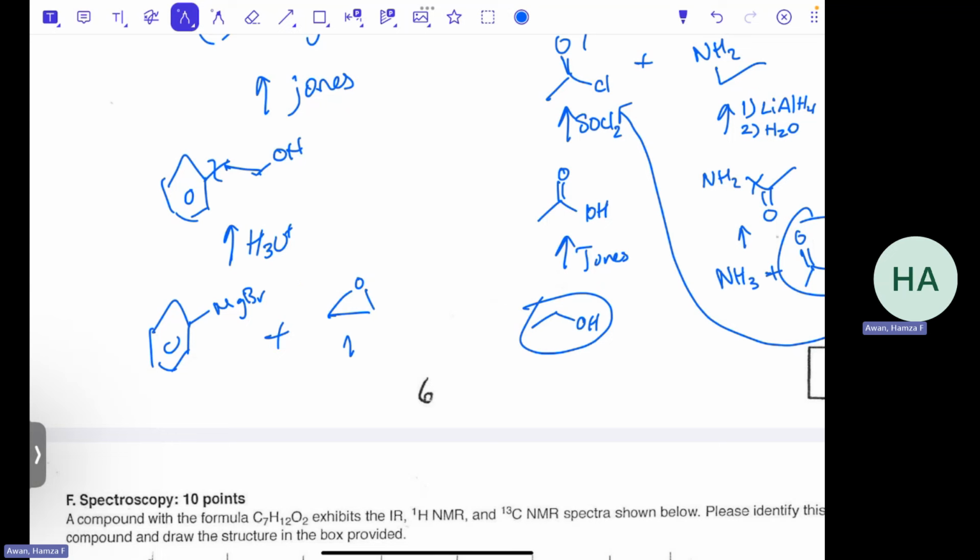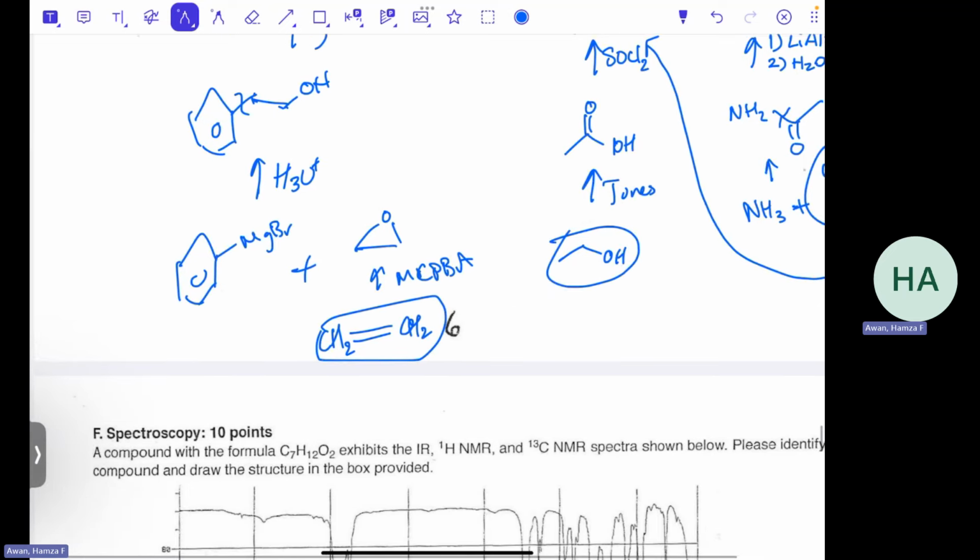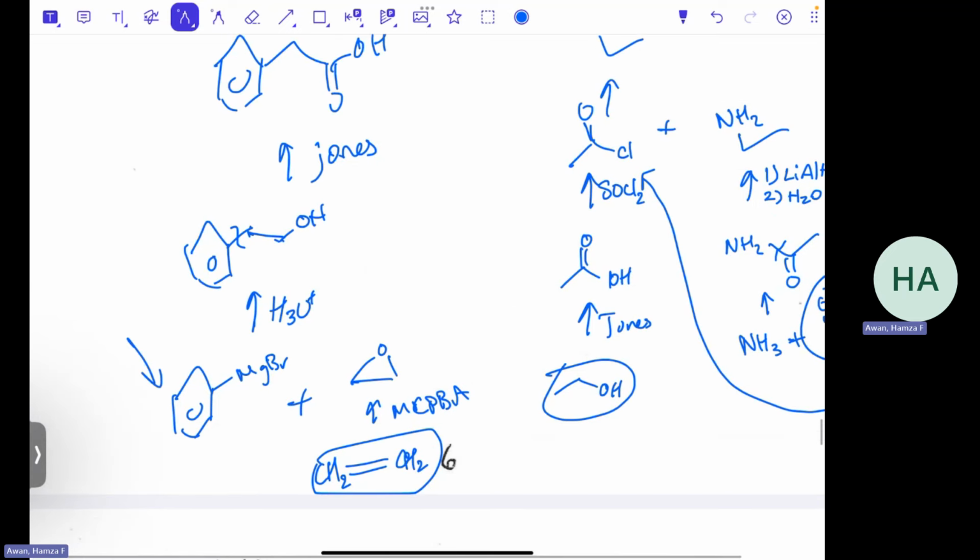To get the epoxide from the alkene, we can just use MCPBA. And so that'll be our alkene. Then we have our Mg/ether.